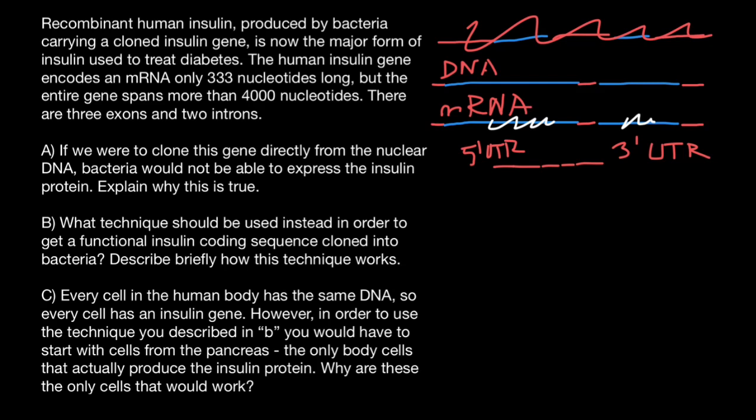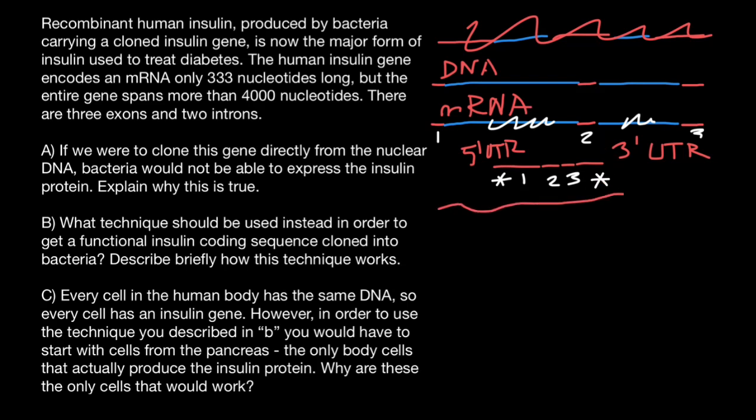So mature messenger RNA is going to include exon 1, 2, and 3, and the 5' cap is going to be here, and the poly A tail would be added here. With asterisks, I'm showing the 5' UTR and 3' UTR, which are not going to be translated into the protein itself, but which are needed for stability of the messenger RNA.